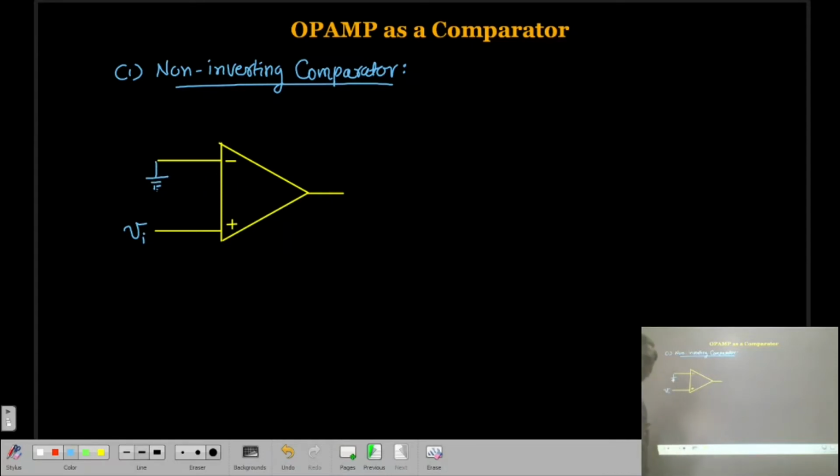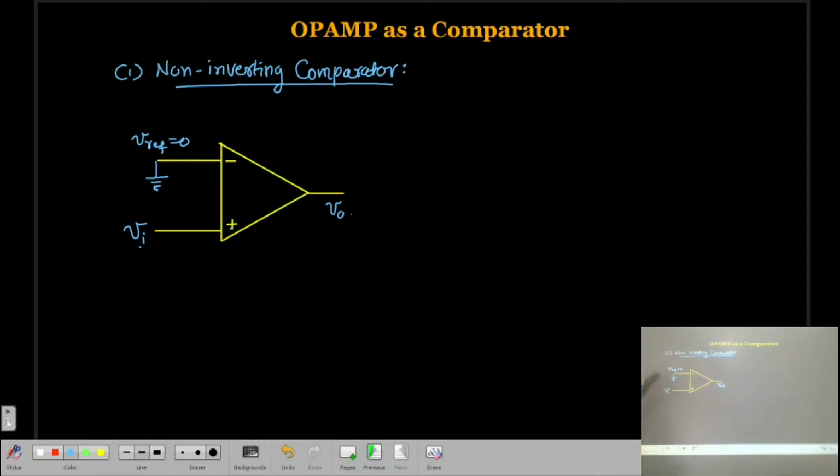This is a basic comparator, remember. So when this is connected to the ground, we can say my reference voltage is 0. Here, the voltage which is applied on the inverting terminal is known as the reference voltage. And whatever voltage you want to compare, that voltage is applied to the non-inverting terminal, and here we have this output voltage.